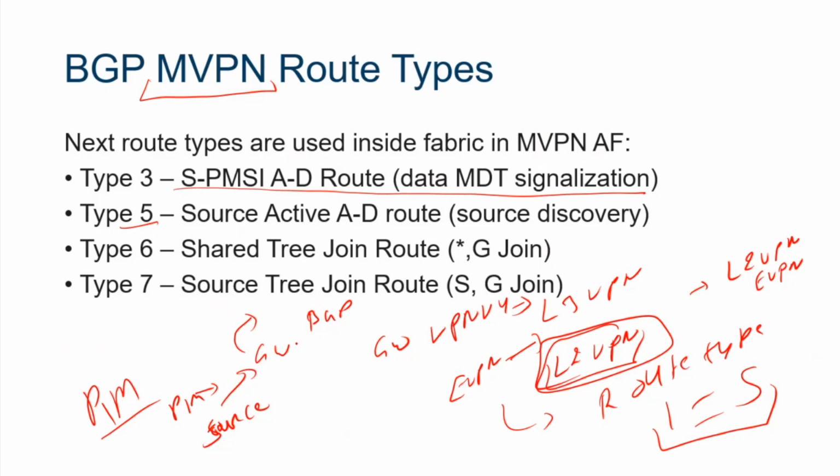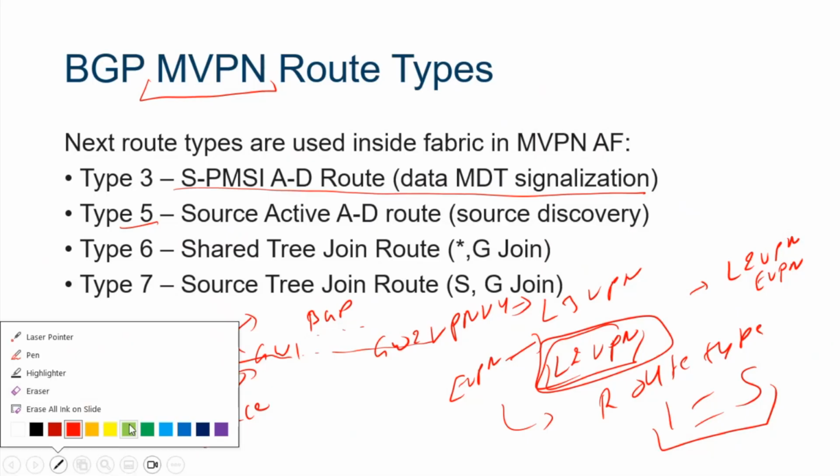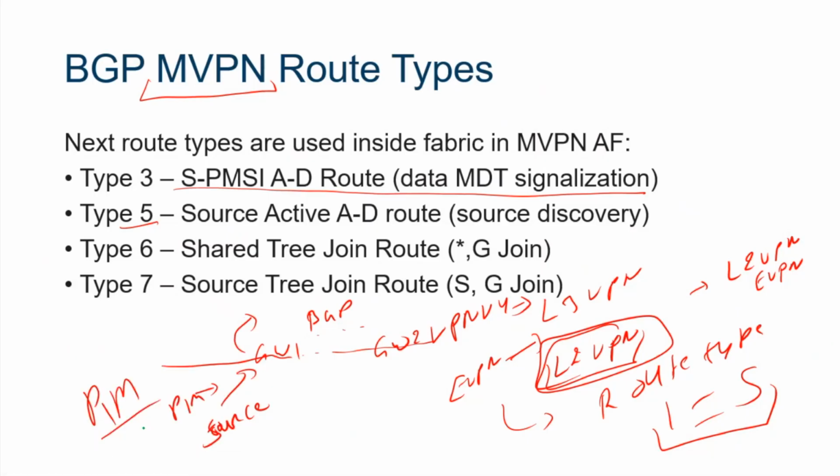I'm writing gateway 1, gateway 2, but they are routers. Between these two, anything above this line is BGP. So in that it generates this route type 5, I'm just typing RT5, whenever any source comes online. So when a source starts sending traffic, its gateway where it is connected will send a route type 5. Source active.